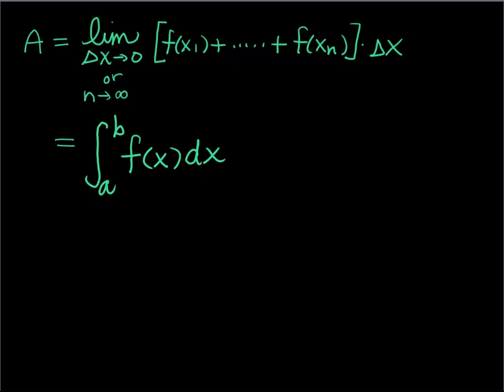So what I want you to do is use a Riemann sum. This is going to be very similar to what's going to be due on your homework. On your homework I want to see you draw a picture, draw the rectangles, all that good stuff.